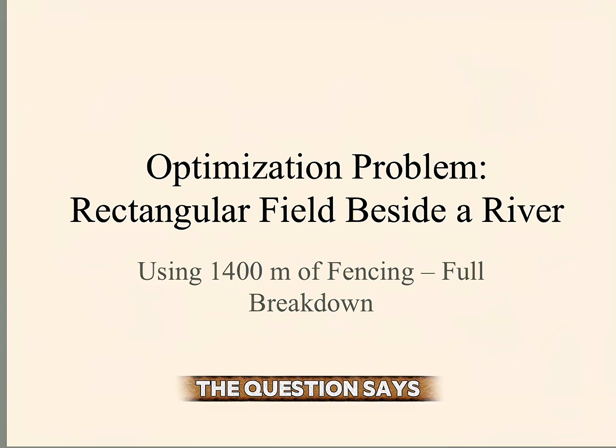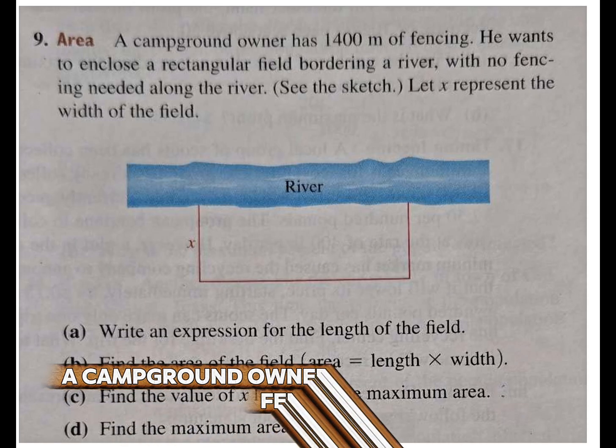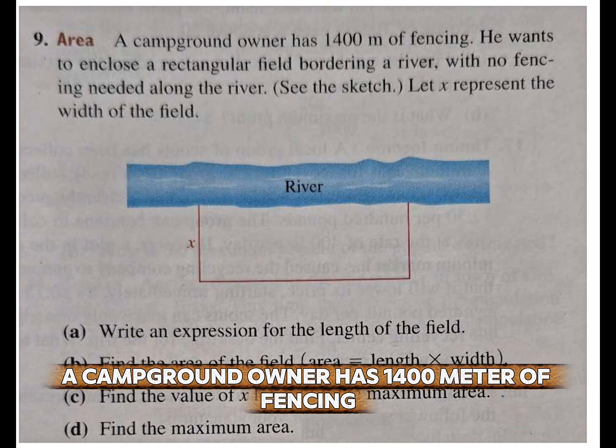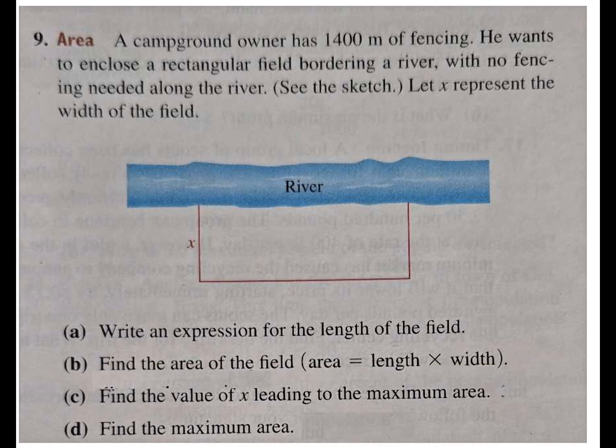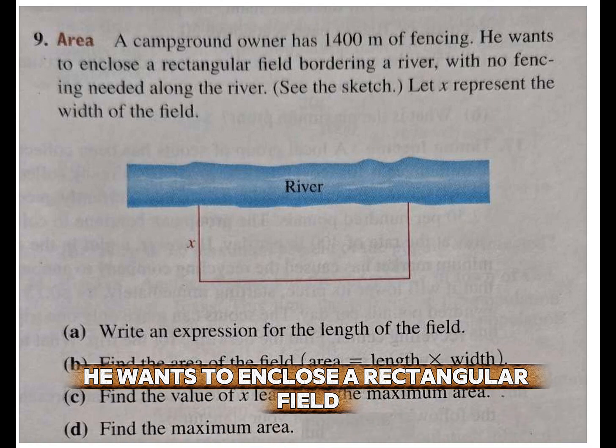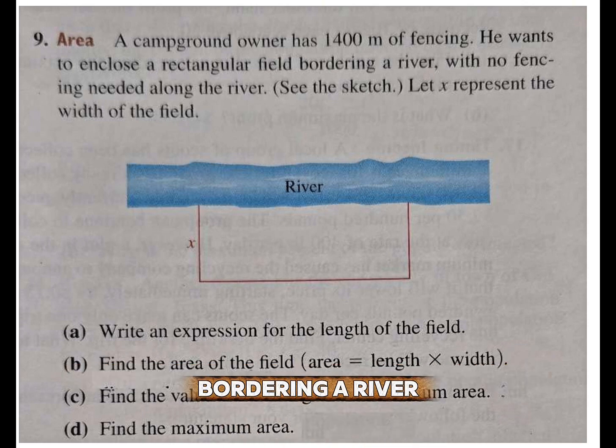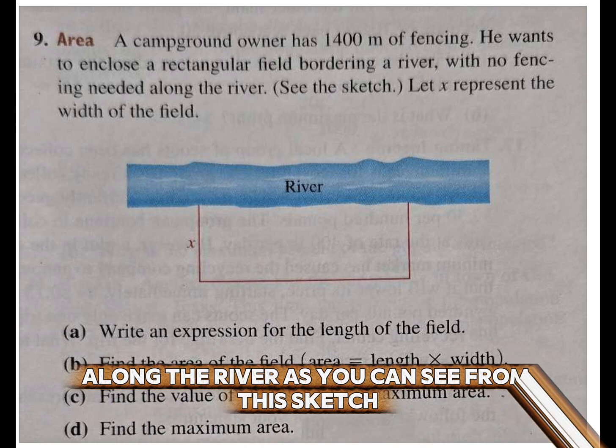The question says, a campground owner has 1400 meters of fencing and wants to enclose a rectangular field bordering a river with no fencing needed along the river.